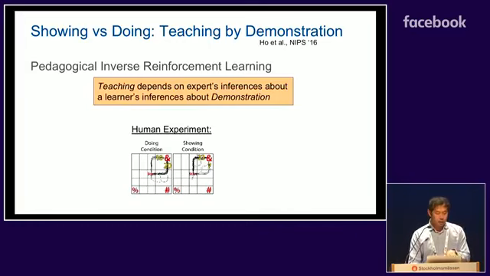A related paper from Ho et al. in NIPS 16 also takes a Bayesian perspective to learning and teaching and arrives at a similar message, which is that an expert who is motivated to teach will, or should, take into account the learner's inference about what's optimal, which is called showing versus doing here.